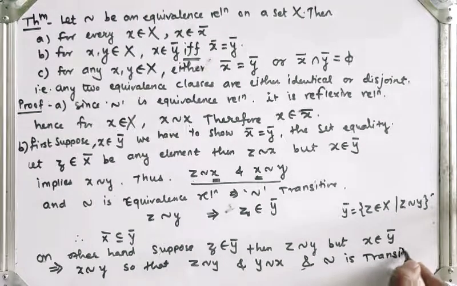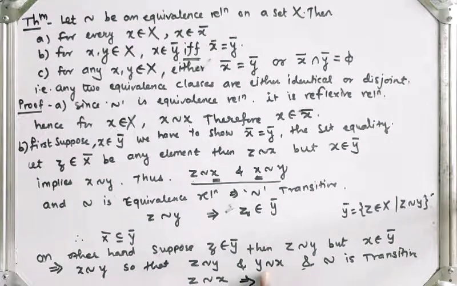Tilde transitive means I can write z equivalent to x, and z equivalent to x means z belongs to the equivalence class x. So here I have taken z from y bar and finally I get z in x bar, which implies that y bar is a subset of x bar.